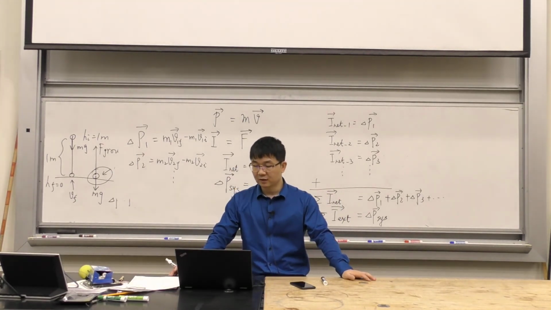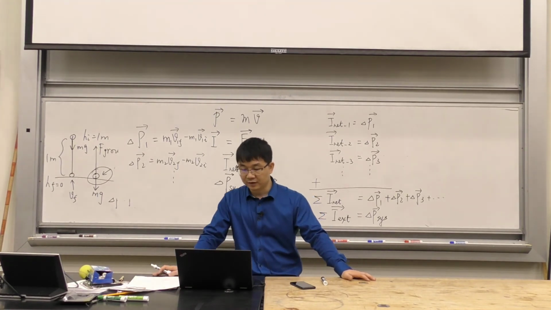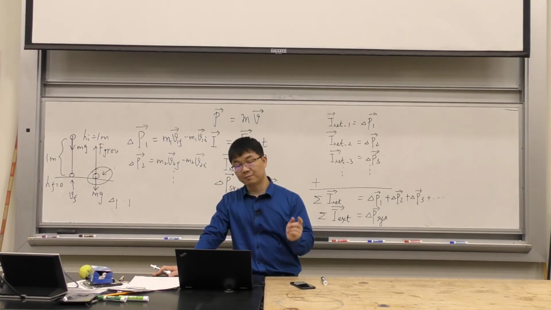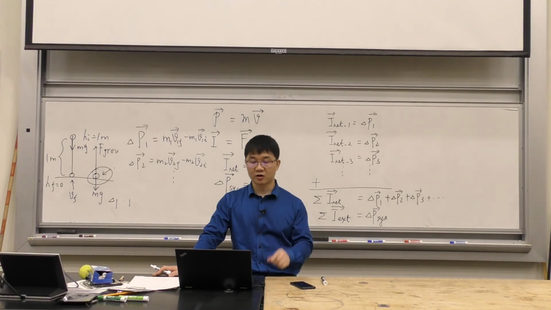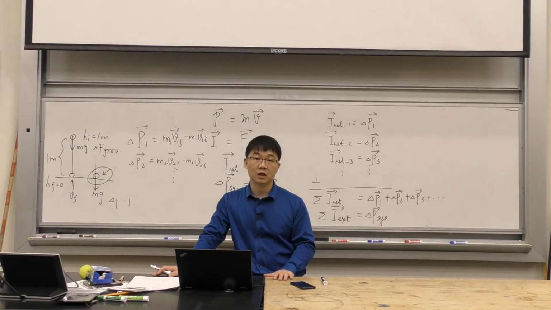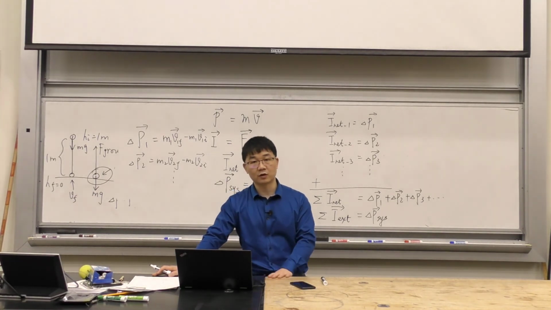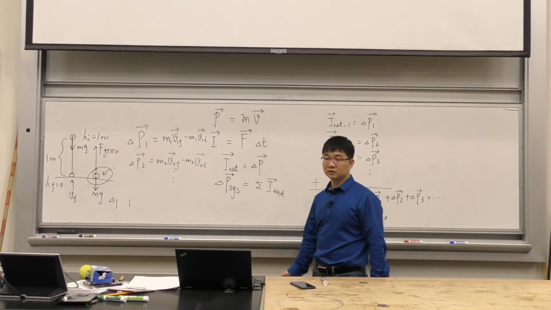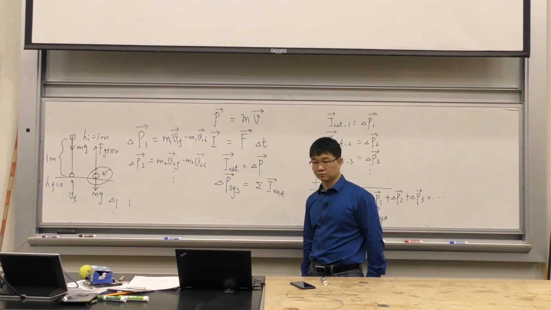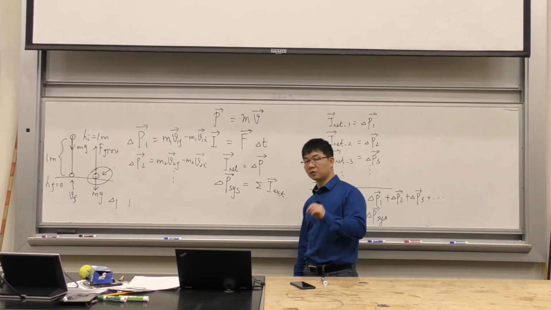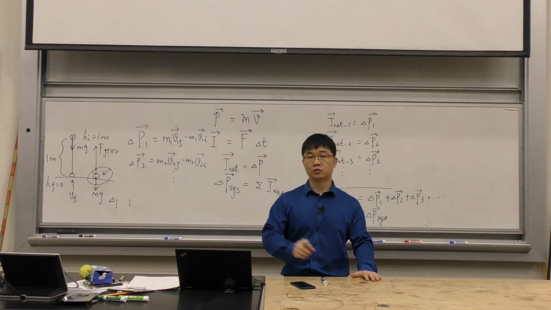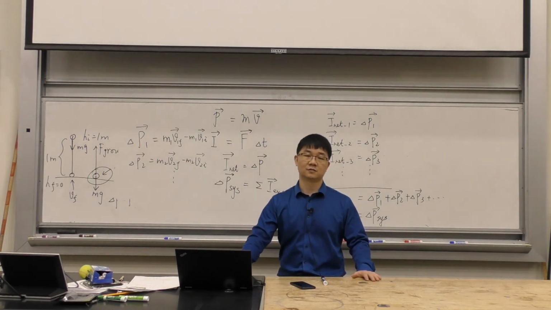When the player is hitting this baseball, the force between the stick and the baseball is going to be much larger than the gravity of the baseball. So if I want to calculate the impulse from gravity, that's going to be a very small number compared to the forces between them, right? So usually the forces from outside are going to be much smaller than the forces between these two colliding objects.